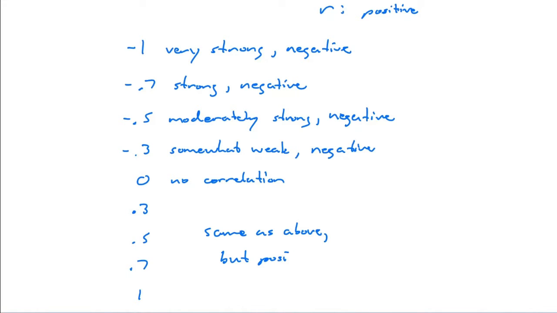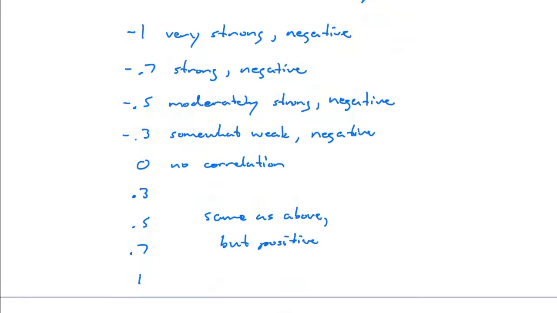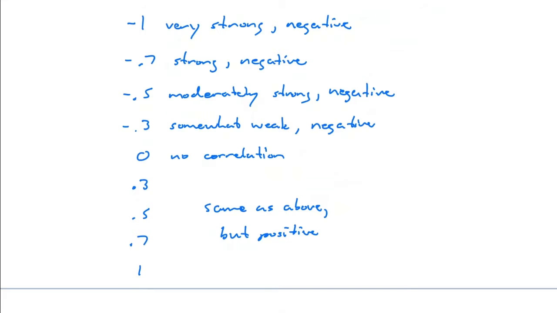So a 0.7 would be a strong positive correlation. A 0.3 would be a somewhat weak positive correlation. All right. So that's the idea behind R. R is going to tell you direction, positive or negative, based on its sign, and how strong it is based on its value between -1 and 1.